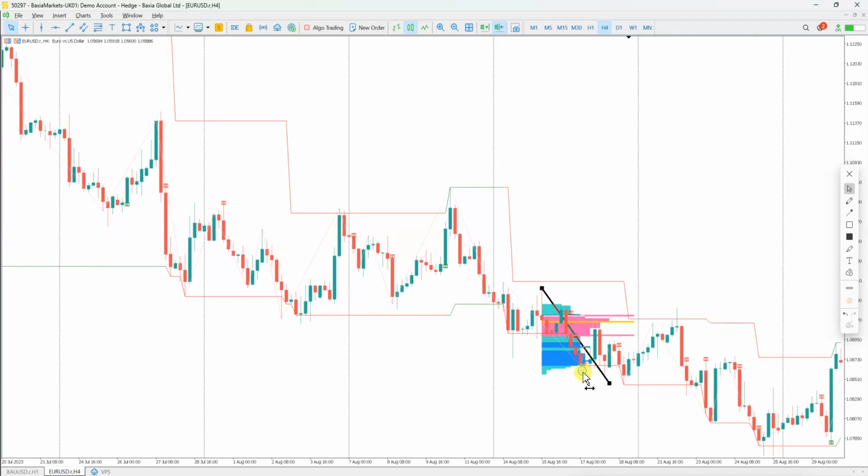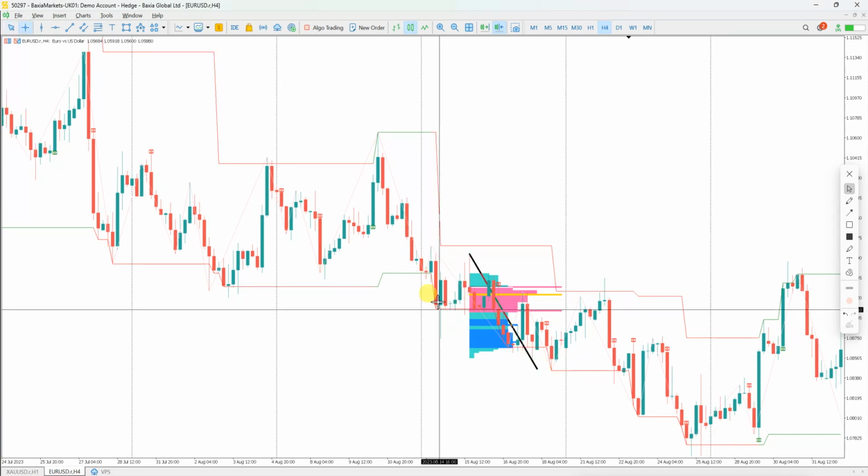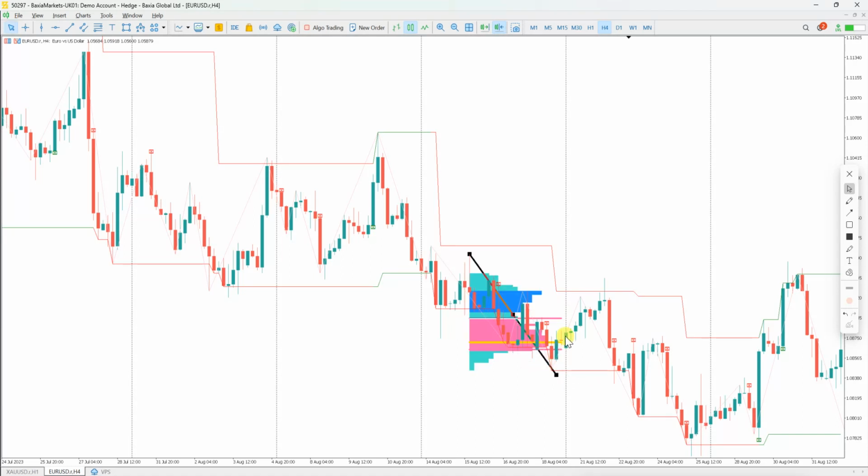Okay, here from this swing low, you see this is a break, change of character, break of structure, right? We can plot from this swing high to this swing low. Here notice the low volume area right here, right? And here we have a point of control. The price went above where there is a low volume right here. This is the low volume node.